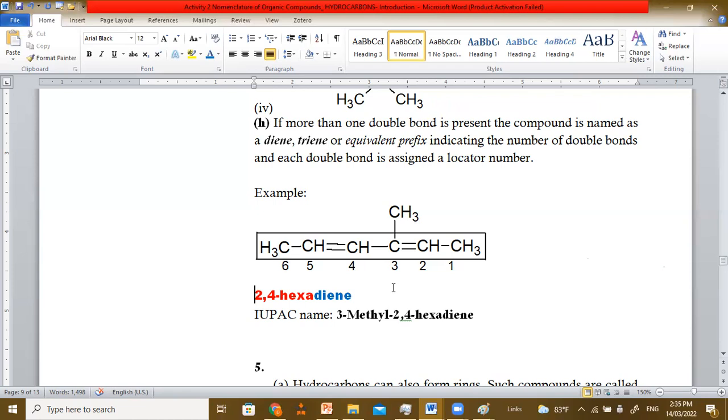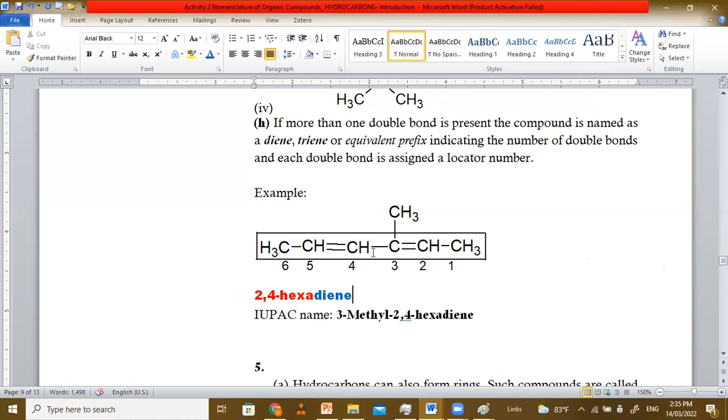Now you have 2,4-hexadiene and you will have your methyl. Start counting from the left, your methyl will be on carbon 4. If you start counting from the right, it will be on carbon 3.